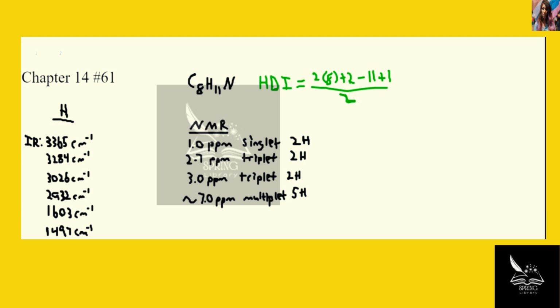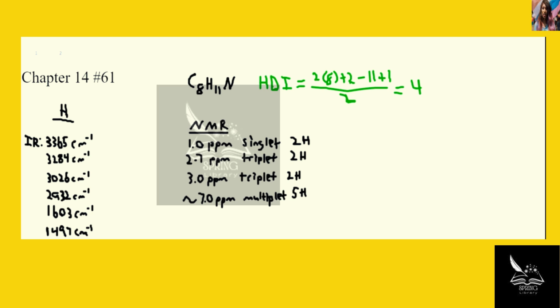So 16, 18, 19 minus 11 is going to be 8 over 2 equals 4. And so we have 4 degrees of unsaturation here. That tells us we're going to have a number of rings or a number of double bonds, really pi bonds, that add up to 4.